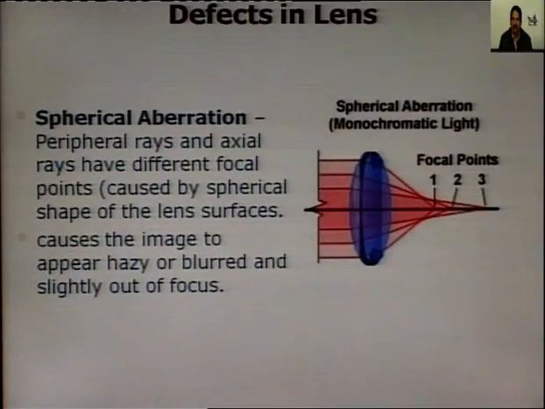So, this image which is formed here will be slightly out of focus and blurred and will not be the exact replica, and as this aberration arises because of the spherical nature of the lens, this aberration is called spherical aberration.